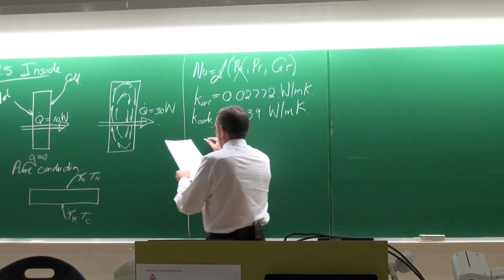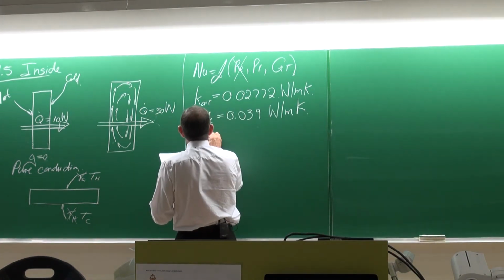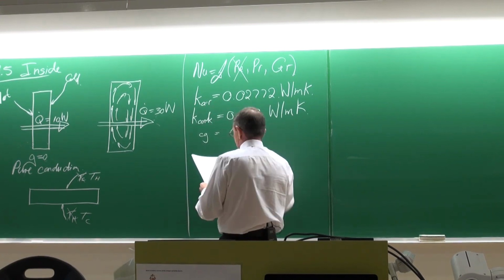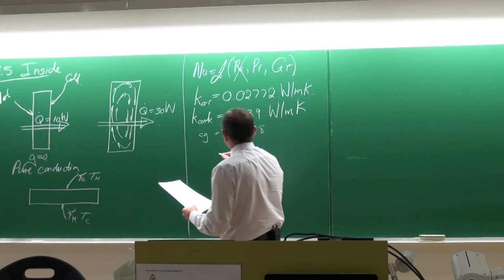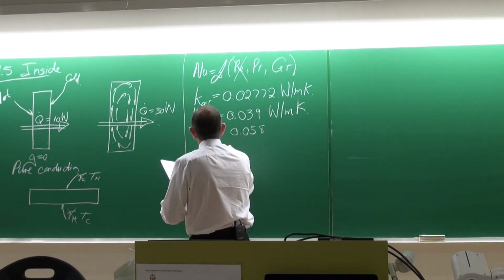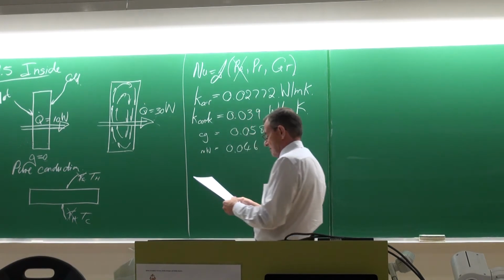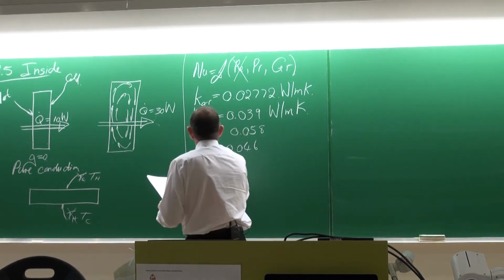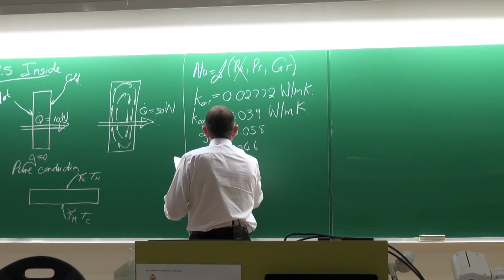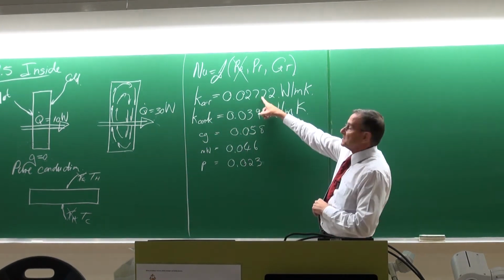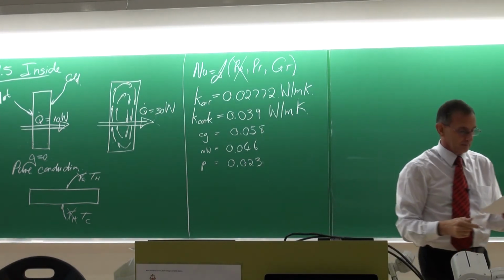If you now look at things like cellular glass, then the value would be equal to 0.058. If you go to mineral wool, then it would be 0.046. Polystyrene, the value would be 0.023. 0.023, it's still higher than that of air.